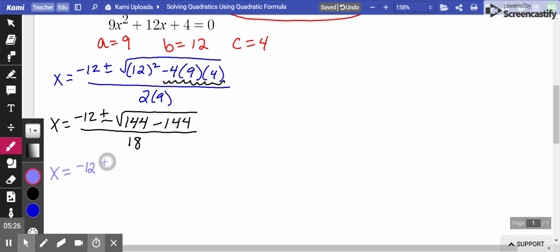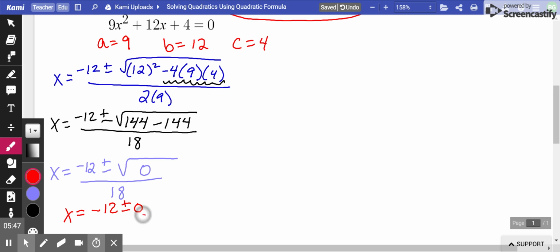Still simplifying inside your square root, 144 minus 144 is 0. So we get negative 12 plus or minus the square root of 0 over 18. Square root of 0 is 0. So we get x equals negative 12 plus or minus 0 over 18.